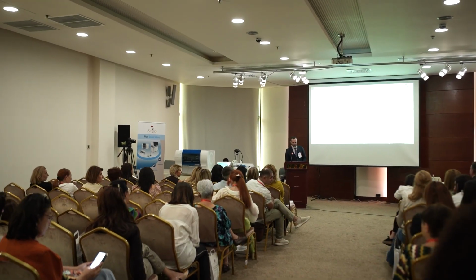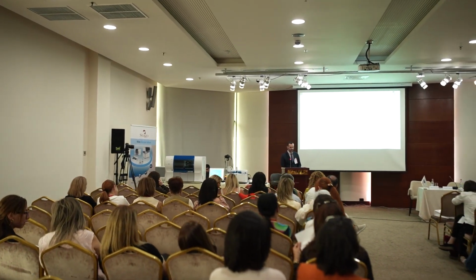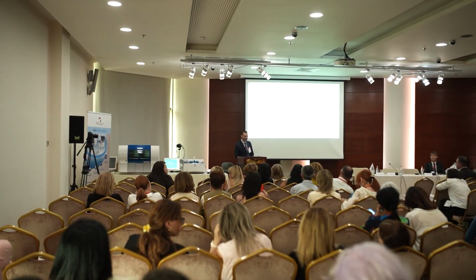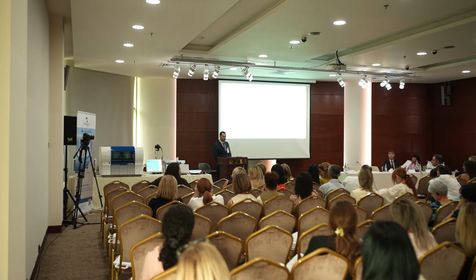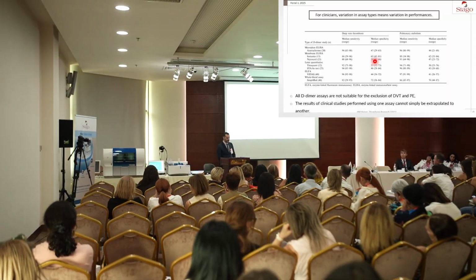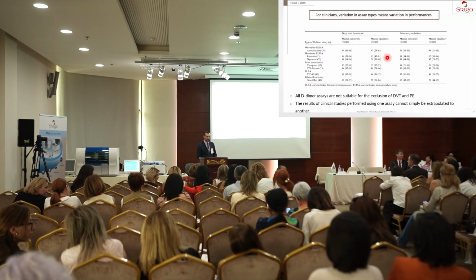So this table summarizes the findings of several studies, and you can see that depending on the type of assay used, the sensitivity of the test will range from 82% to 97%, and the specificity from 43% to 72%.